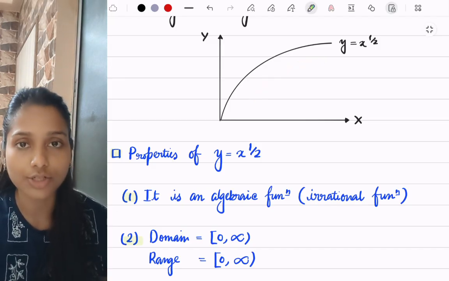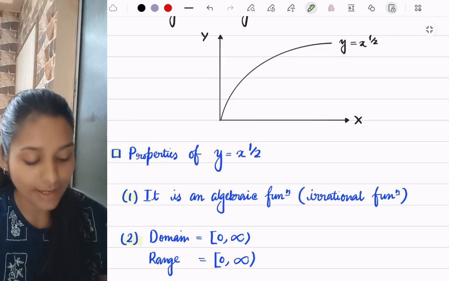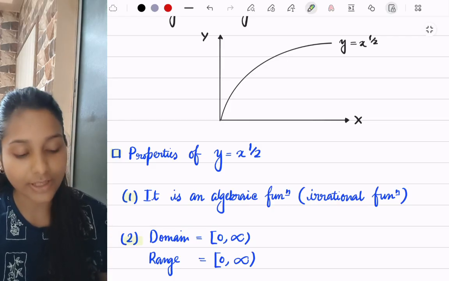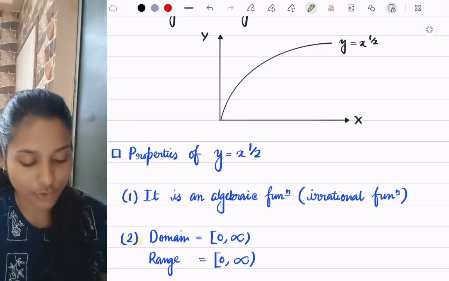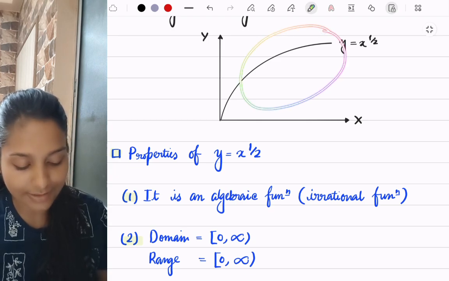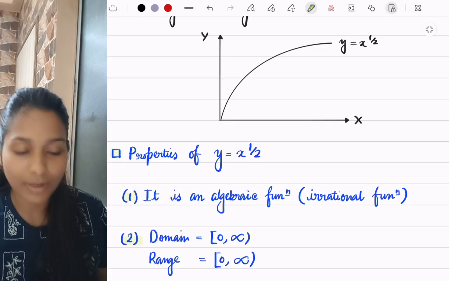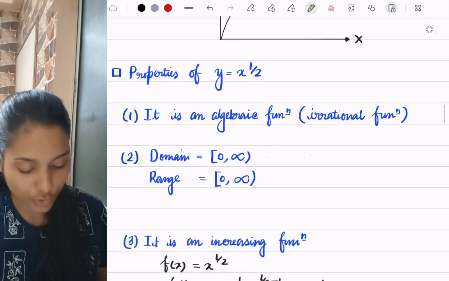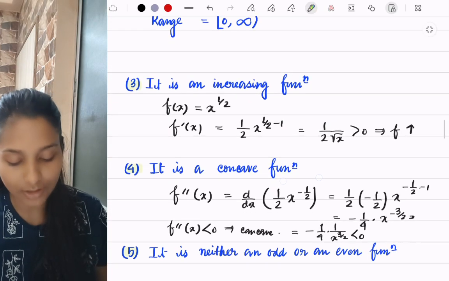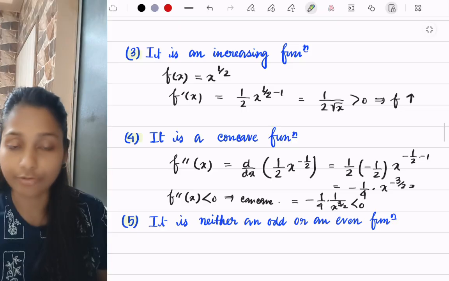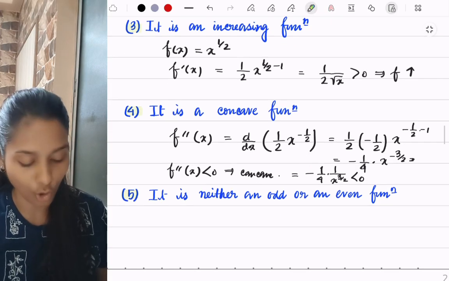And for an odd function, we know from the graph that it must be symmetric about the opposite quadrant. If this graph lies here, there must be something symmetric in the third quadrant, but that is not the case here. So from the graph we can conclude that the function is neither even nor odd.